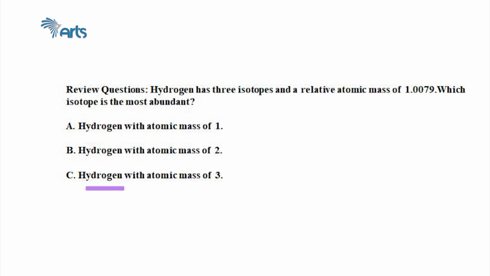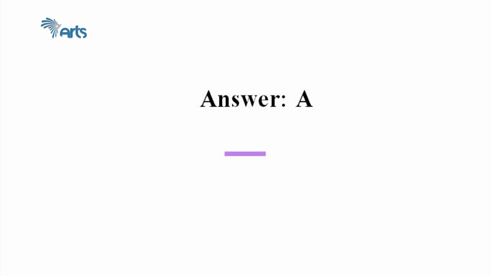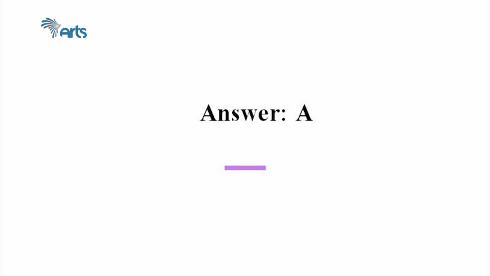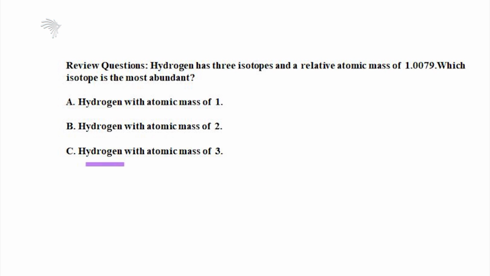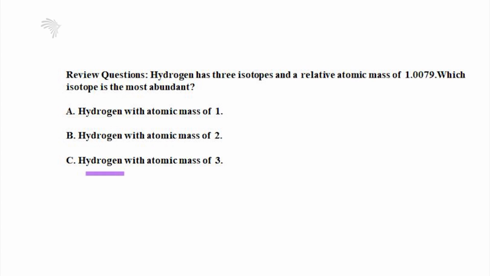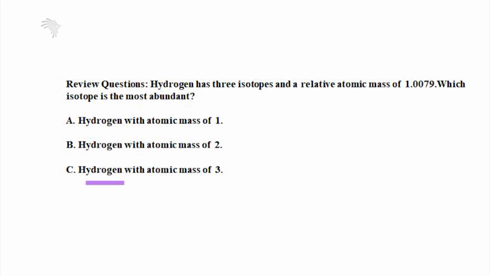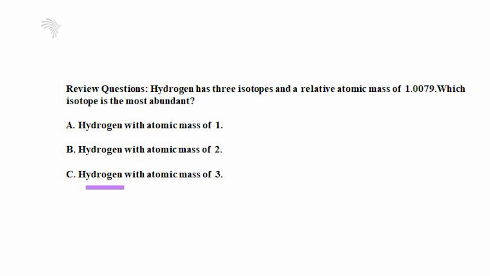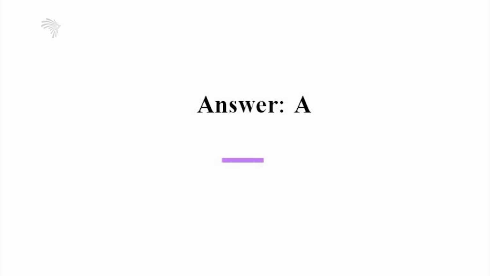The answer is A, meaning hydrogen with atomic mass of 1 is the most abundant isotope of hydrogen. So if you answered A, then you're correct.